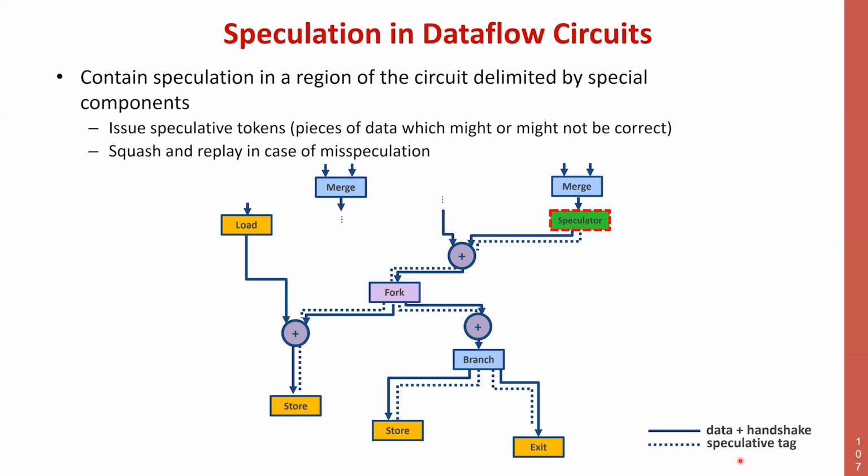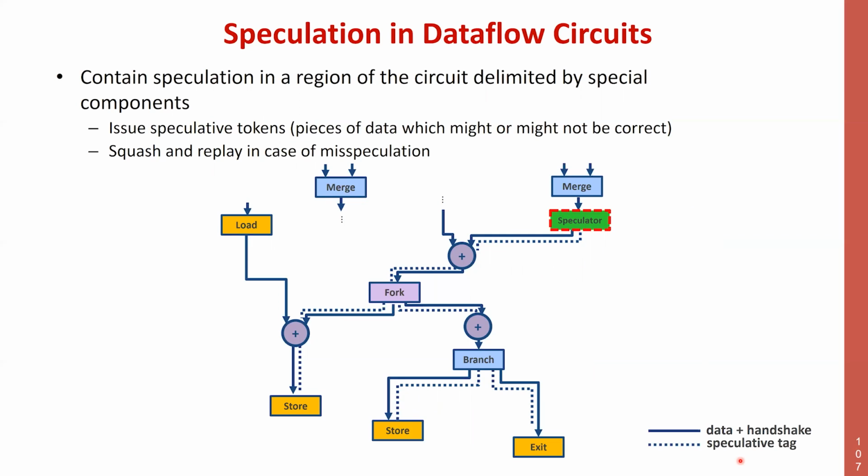And then what is the problem? The problem is that I start producing results that are potentially wrong. And remember our discussions in superscalars, what is the danger there? It is that I start modifying the state of the machine, which essentially means registers there, but we don't have registers here.